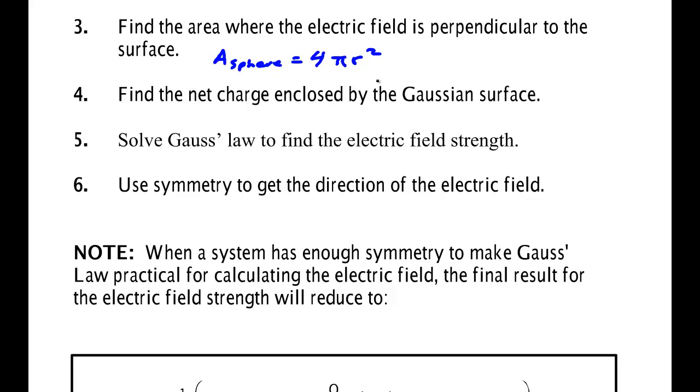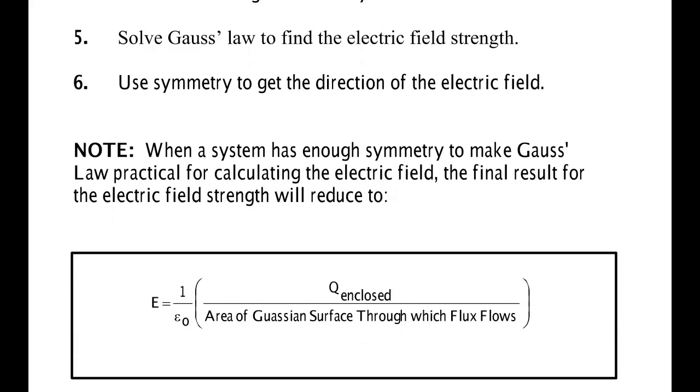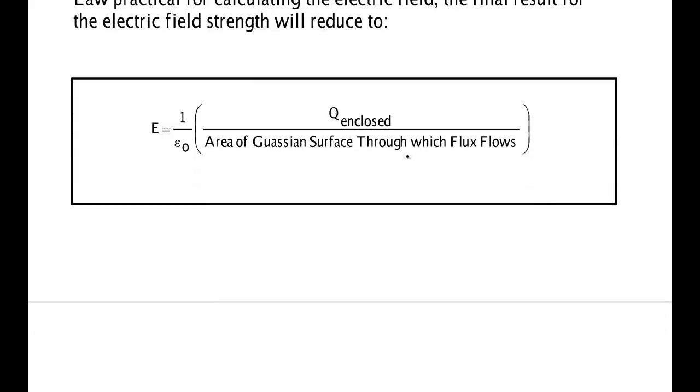Find the net charge enclosed by the Gaussian surface, and solve Gauss's law to find the electric field strength. Finally, use symmetry to get the direction. Now, what do I mean by this? If you can find a surface of symmetry, you can rewrite Gauss's law as follows. The cosine of theta is going to be 1.